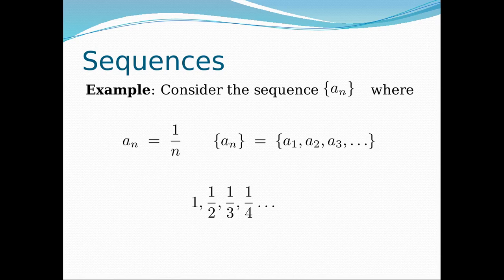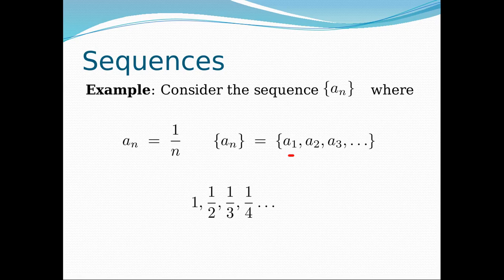So what is the first number? a_1 would be 1 over 1. For a_2, you replace n by 2 and you get 1 over 2, then a_3, a_4, and so on and so forth. This is a good example of a sequence where we understand why sometimes we don't start with n equal to 0, and how a sequence can be represented by an equation.